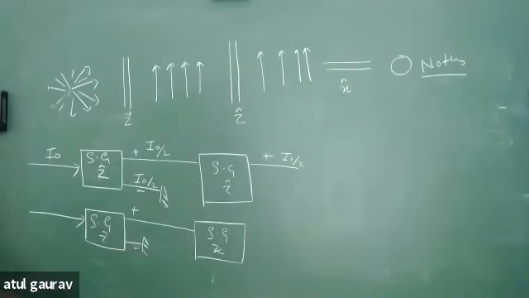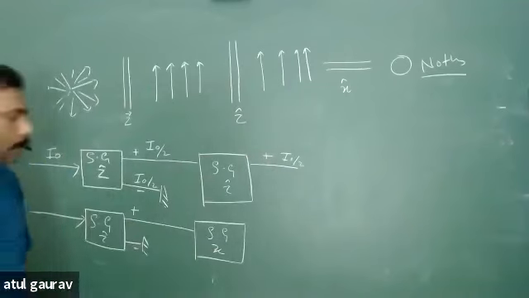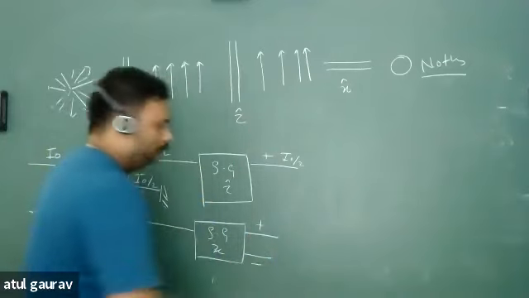What will be your prediction? What should be there? Zero, according to this theory. Nothing. But what you will get? You will get plus and minus.